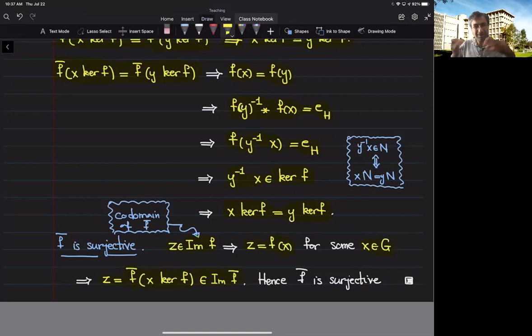That means F bar can attain everything inside its codomain, which means F bar is surjective.